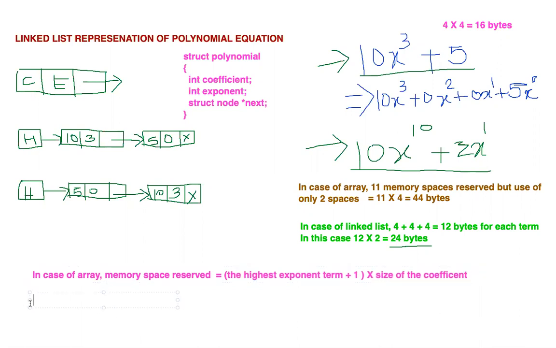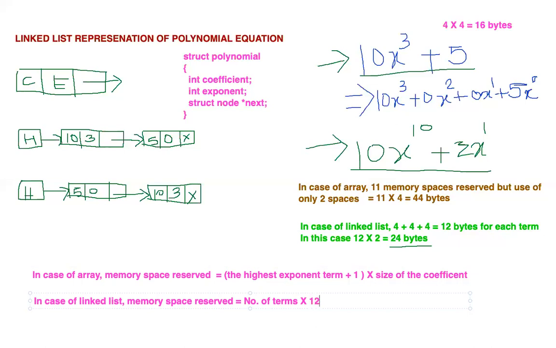Well, in the case of a linked list, memory space reserved is equal to the number of terms into 12.